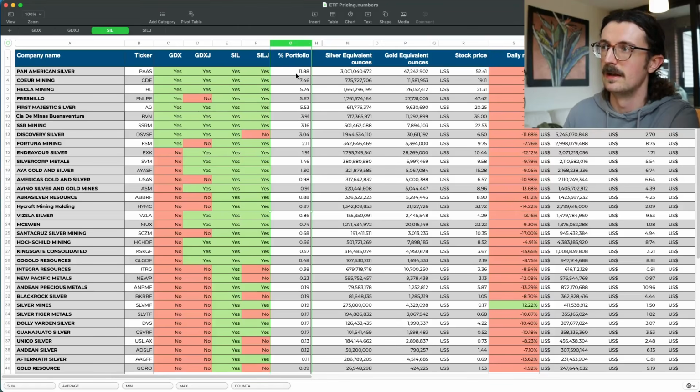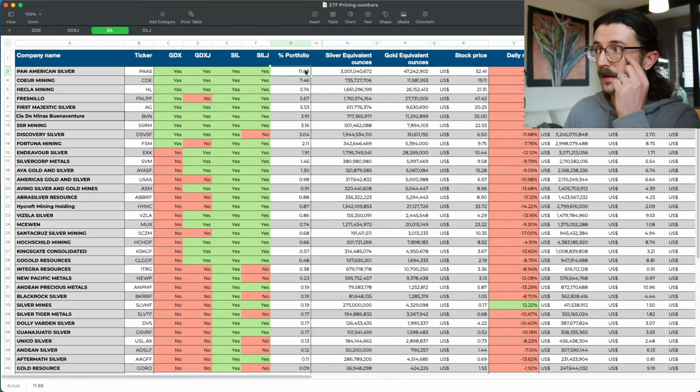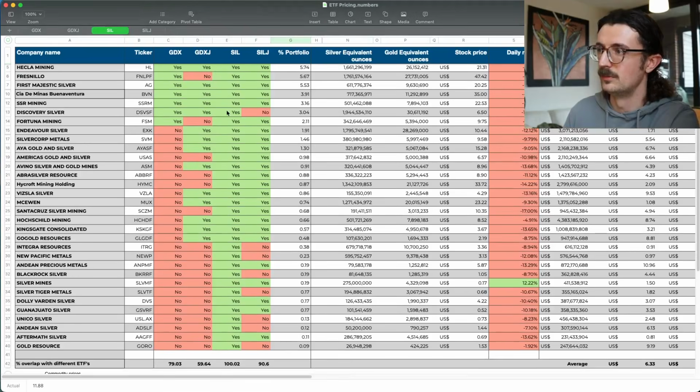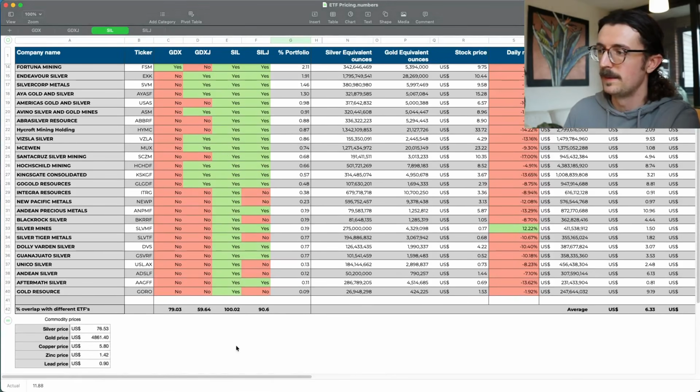So you can see that Pan American Silver is about 11.88% of the portfolio. And then if we zoom down, we can see that there is a pretty big overlap as well. The SIL overlaps about 97% with the GDX, about 60% with the GDXJ, and 90% with the SILJ.